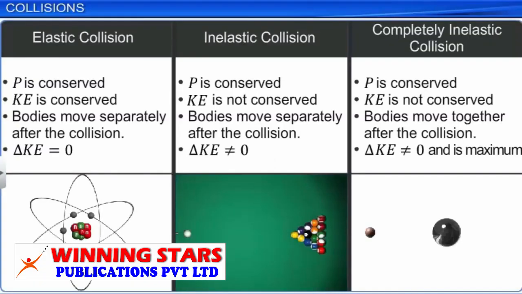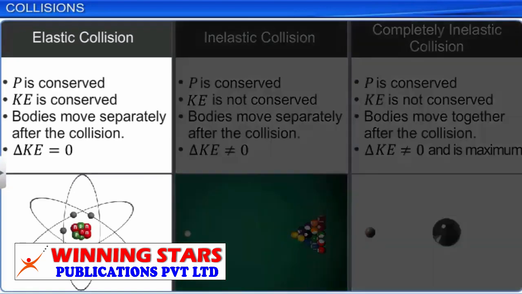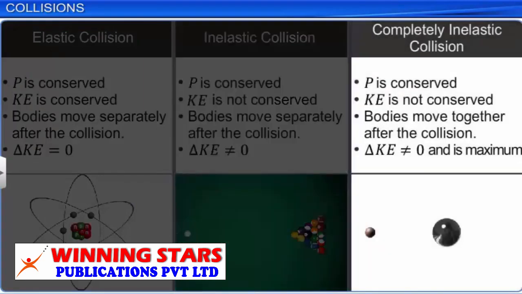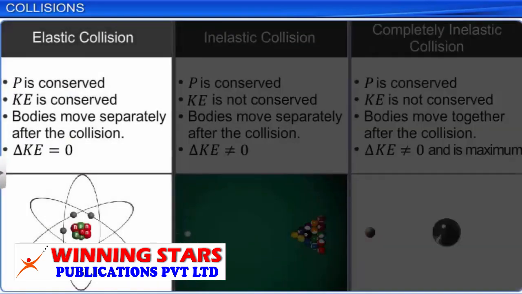There are three different kinds of collisions: elastic collision, inelastic collision, and completely inelastic collision. In a collision, if both the total momentum P and total kinetic energy KE of the colliding bodies are conserved, then it is an elastic collision.